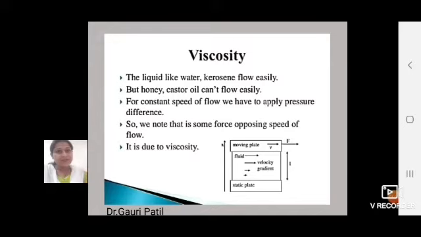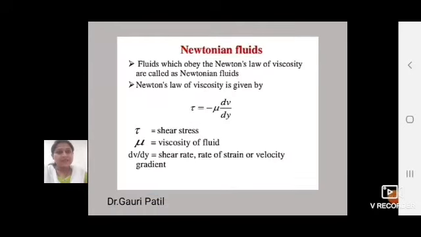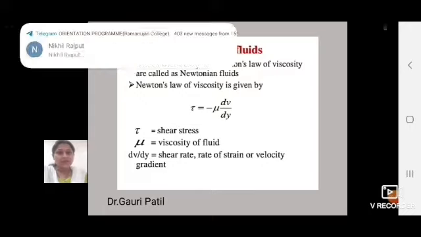Then we derived the formula for Newton's law of viscosity. Fluids which obey Newton's law of viscosity are called Newtonian fluids.